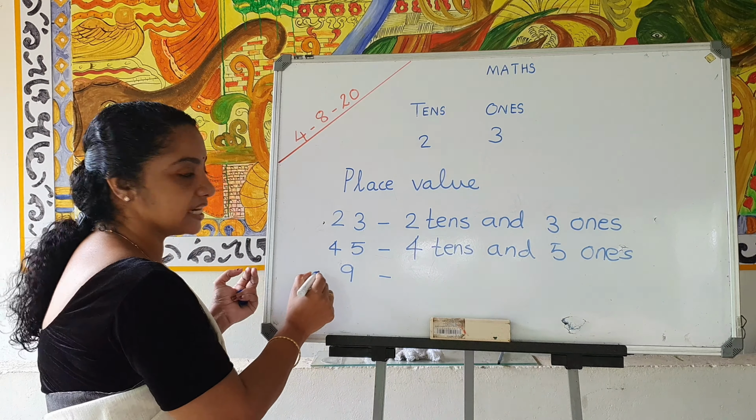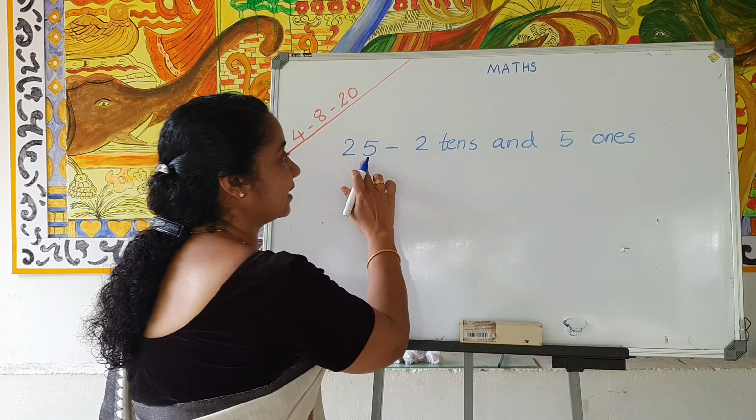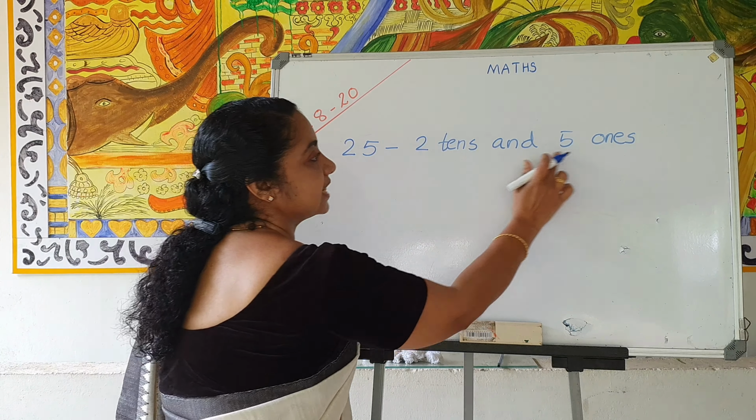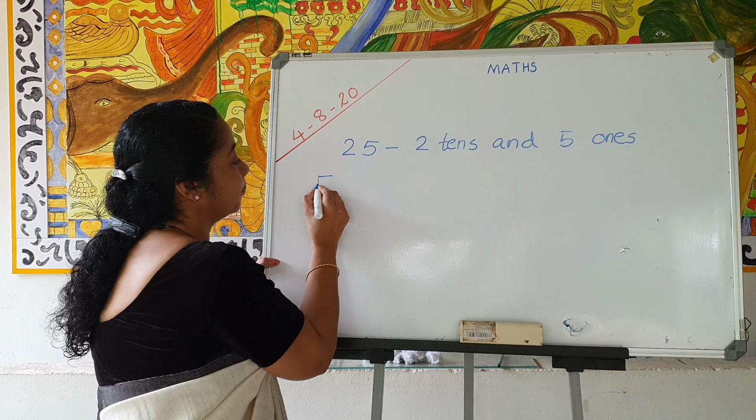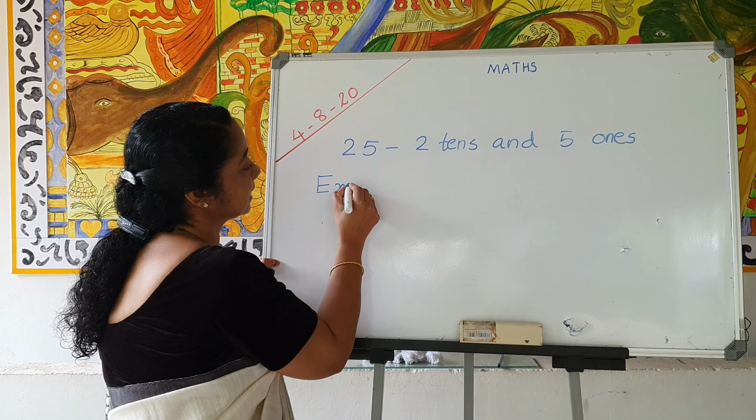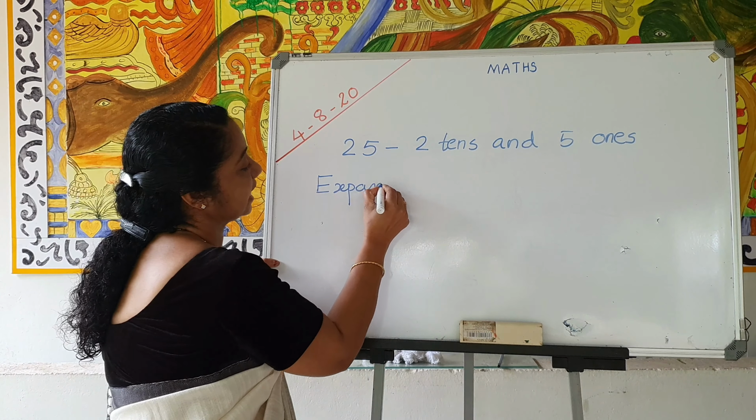It's 2 tens and 5 ones. When we write the number in terms of tens and ones, it is known as the expanded form. E-X-P-A-N-D-E-D. Expanded form. When we write a number in terms of tens and ones, it is known as the expanded form.